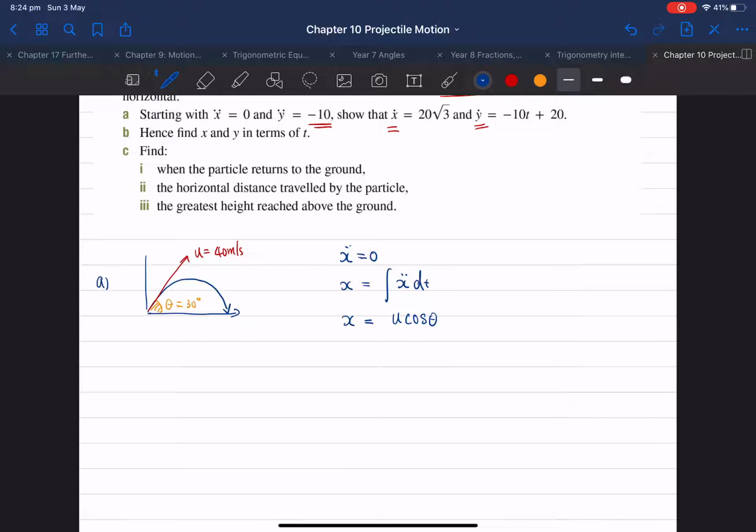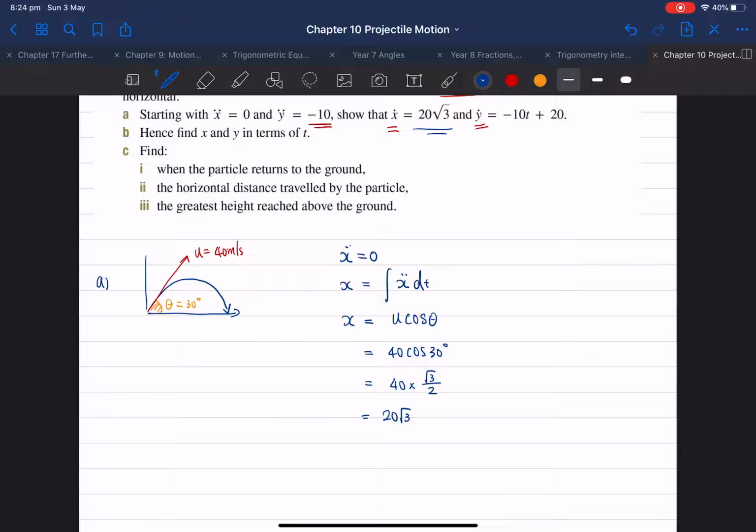I hope you still remember this because u cos theta is just the first constant. Right, from here, what's u? Well, u is 40 meters per second, cos 30 degrees, and then we can further simplify this. Cos 30 degrees is square root of 3 over 2. All right, so the final answer will be 20 square root of 3. All right, that's what x equals to. So that's how we proved.